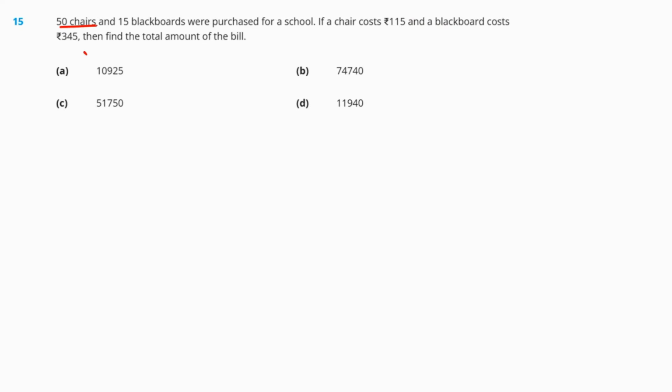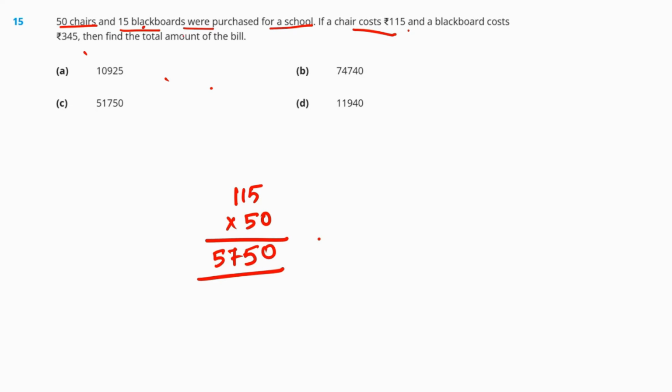Next question, 50 chairs and 15 blackboards were purchased for a school. If the chair costs 115, so 50 chairs are purchased at the cost of 115 each. So the cost of the chairs would be 115 into 50, that's 5,750. Next, similarly, 15 blackboards at the cost of 345 each.